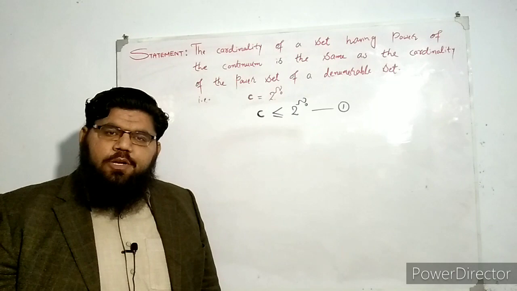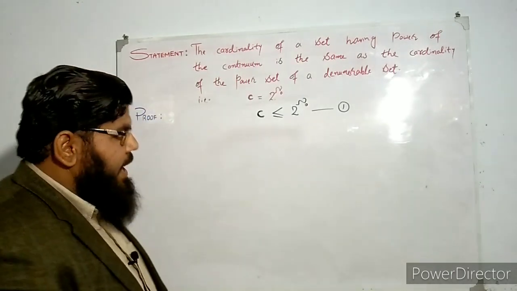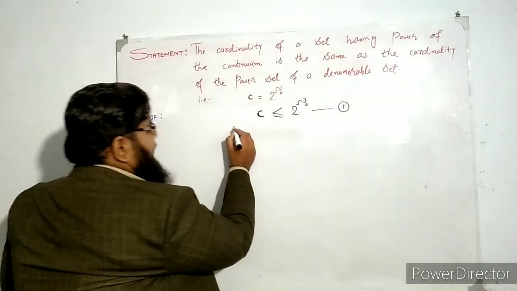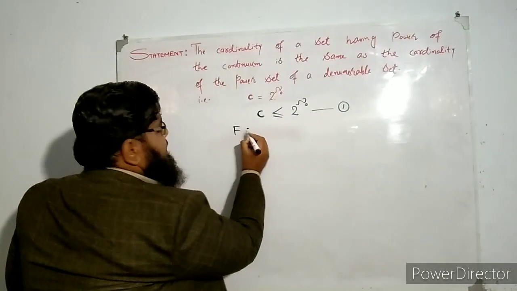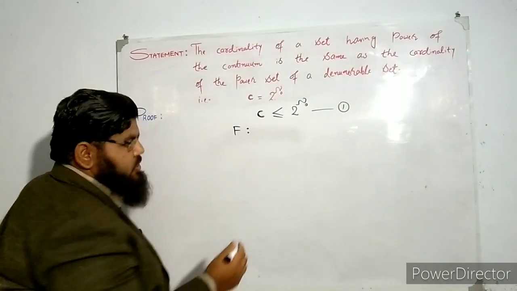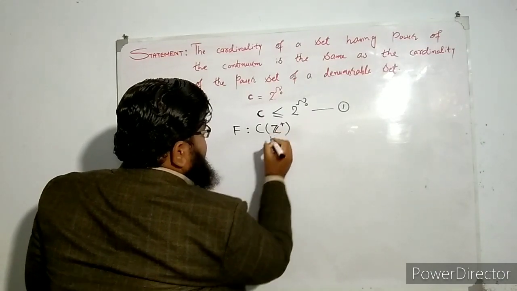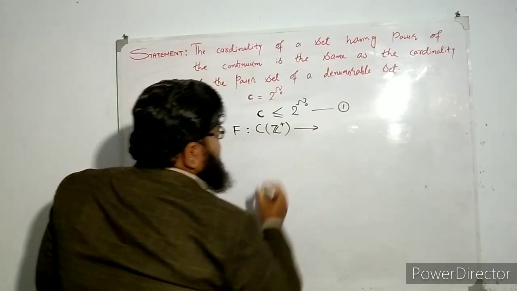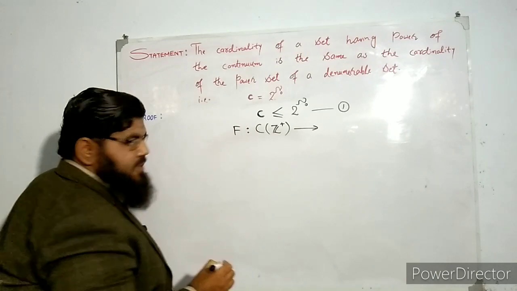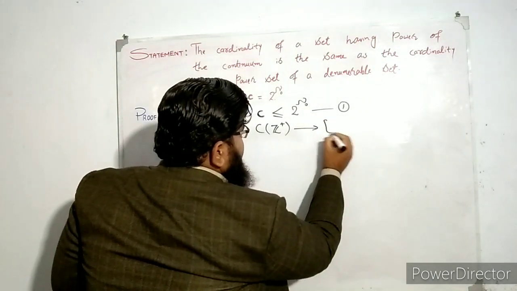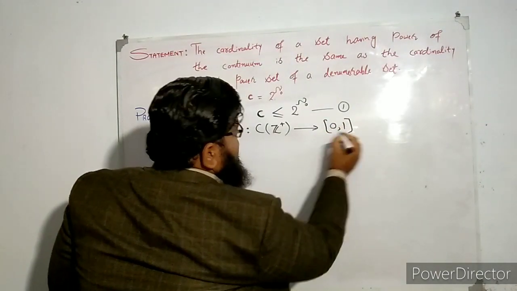So students, now we are going to introduce another map, and this time I call it the capital F. It is a map from the set C of Z positive to another set, the closed interval [0, 1].